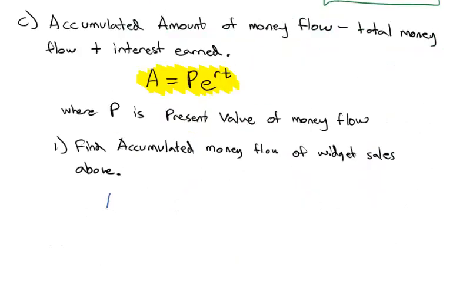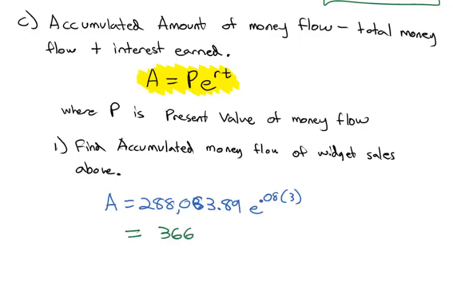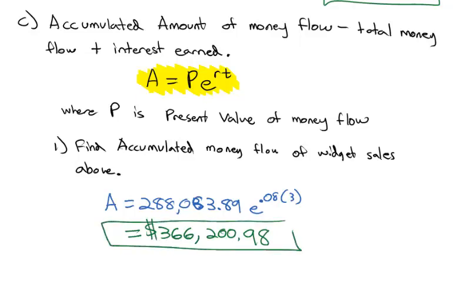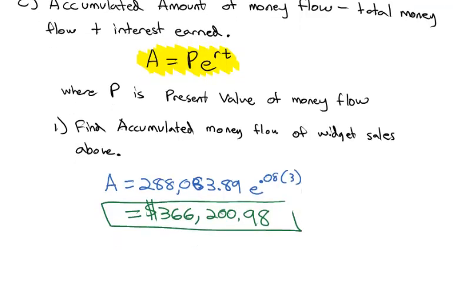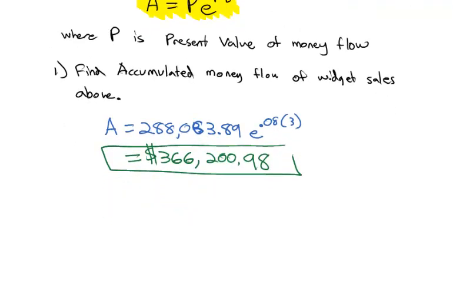So my final accumulated value is that $288,063.89 times e to the, we said the interest rate was 0.08, for 3 years. Type that into our calculator, and the accumulated amount is $366,200.98. That's how much money we have made.